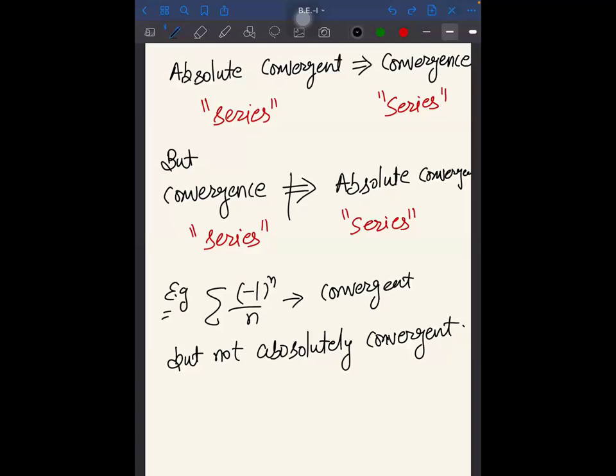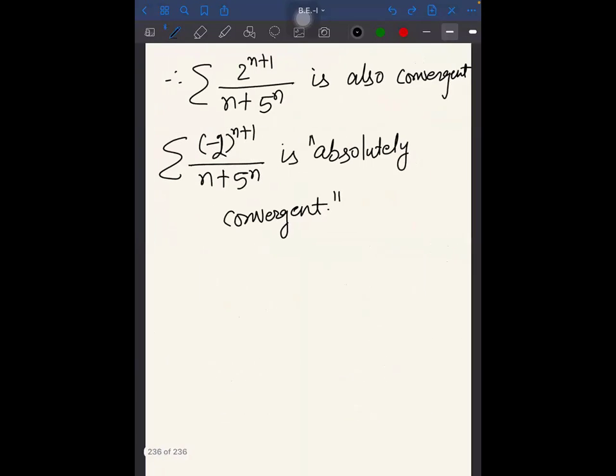Means mod के साथ-साथ उसका originally convergence भी चेक करना होगा. See, if you check the mod convergence, if it is convergent, then it is convergent. Let me construct a table for you. Say if this is convergent, so what does that mean?